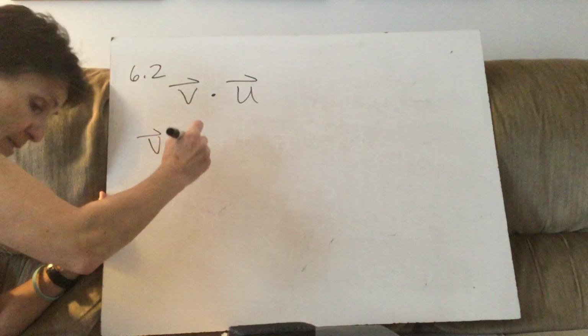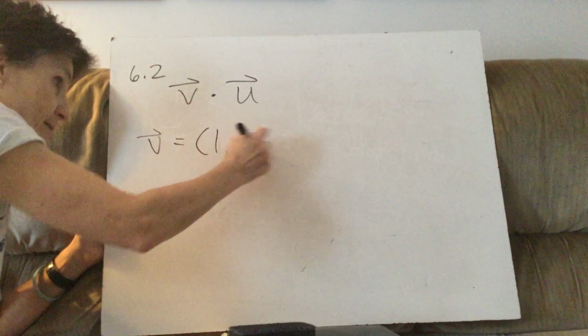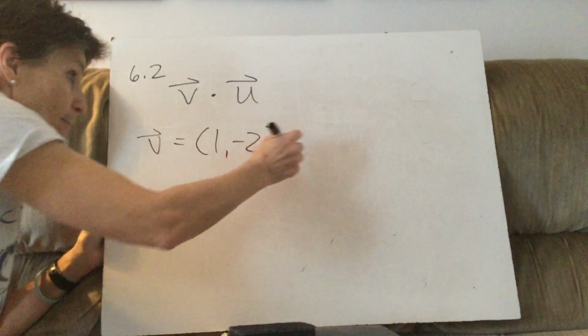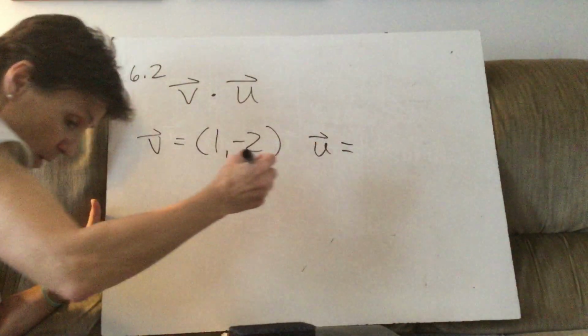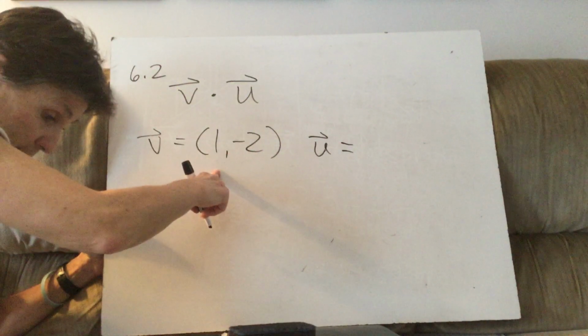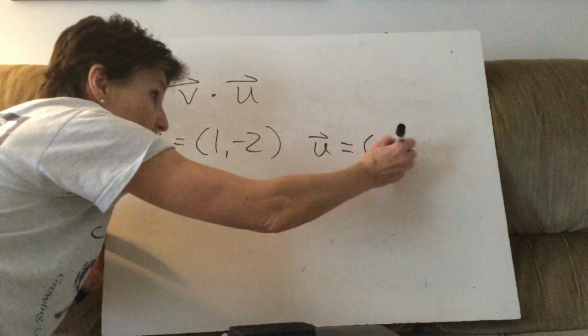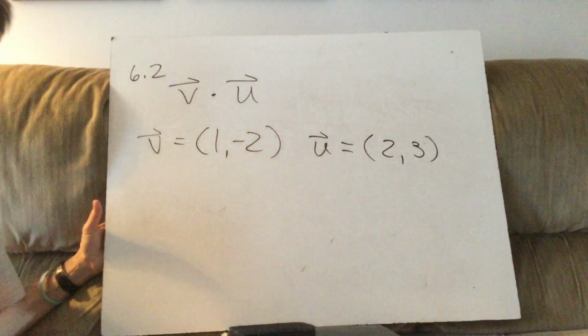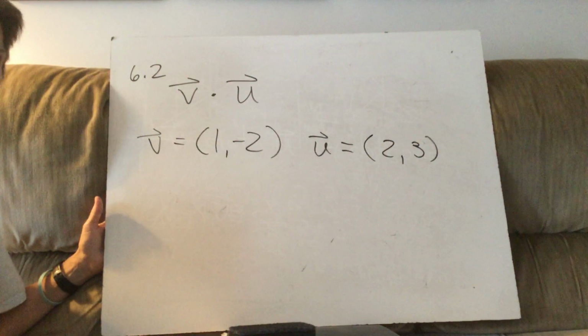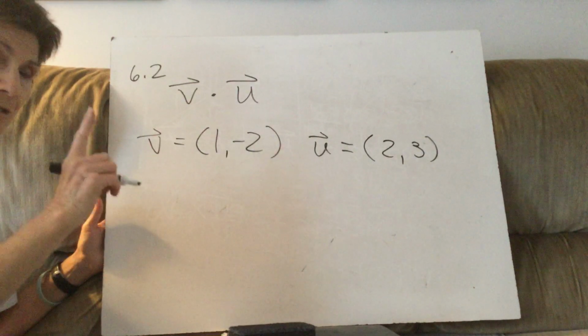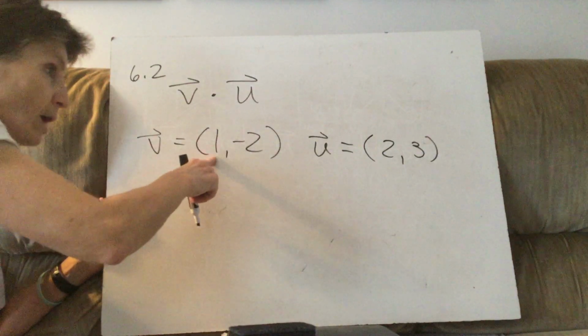All right, so our first example, you're going to like this. It's really easy. Our first example, this is problem A. We're going to dot 1, -2, and 2, 3. And part of this is going to look super familiar to you. What I want you to do is take 1 times 2.